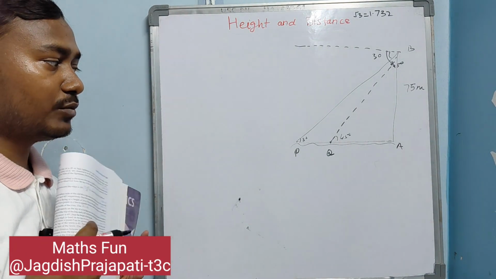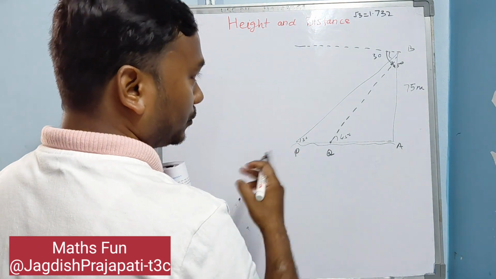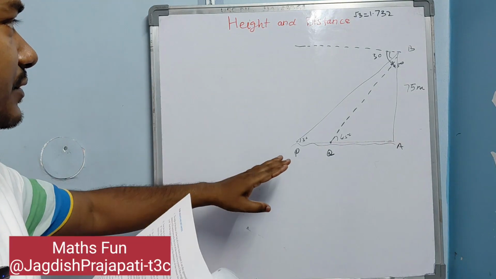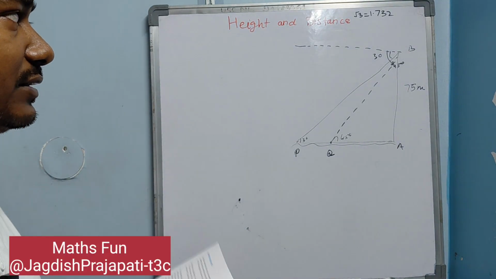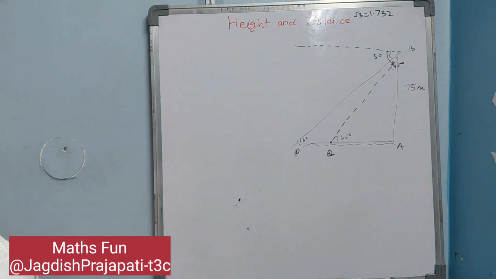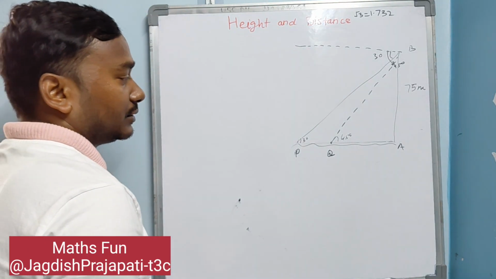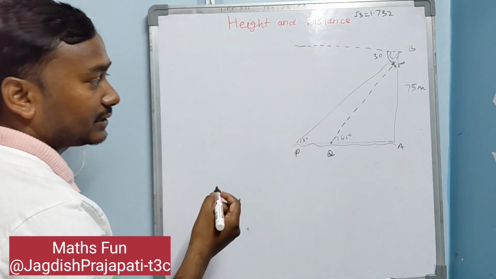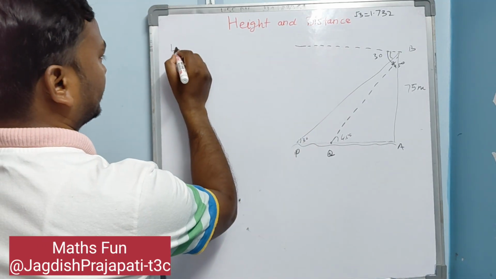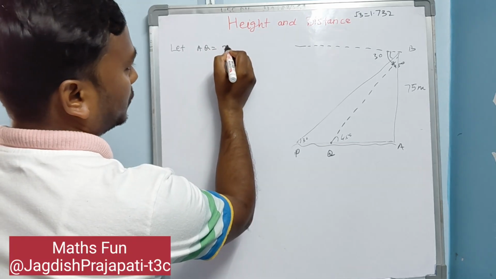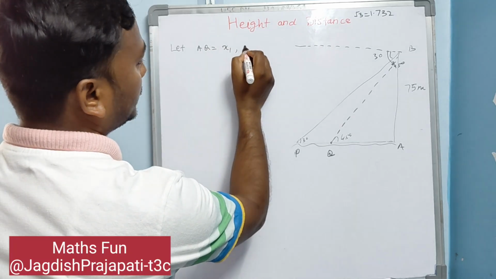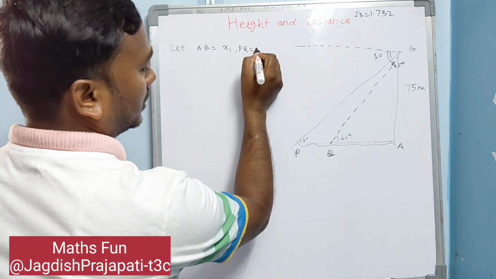So we have to find the distance between the two. We did one question similar to this, so I think based on that you can do it. Okay, let's do it. Let AQ equal x1, PQ equal x2.